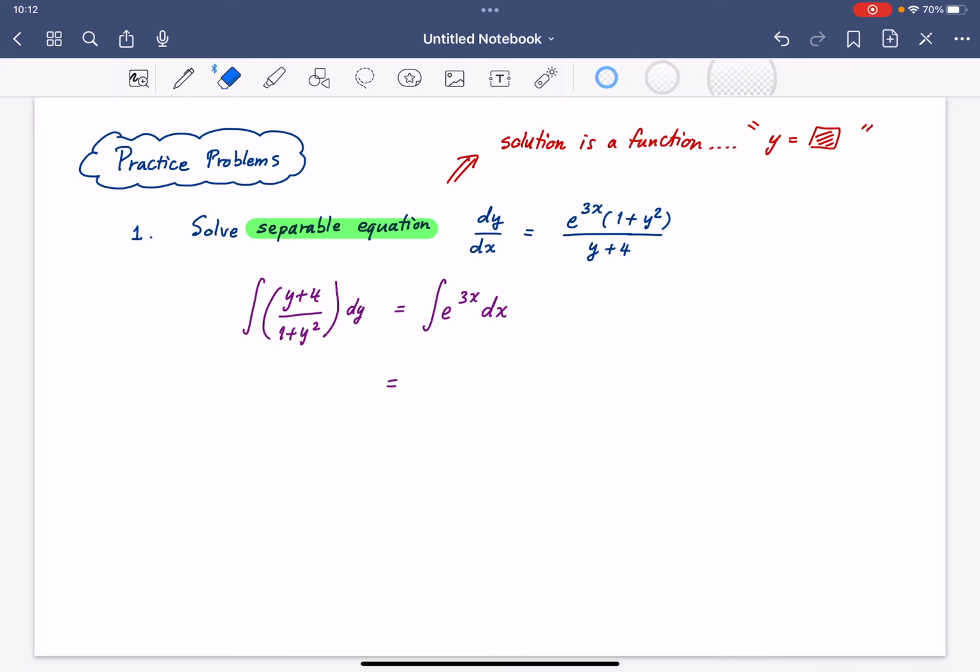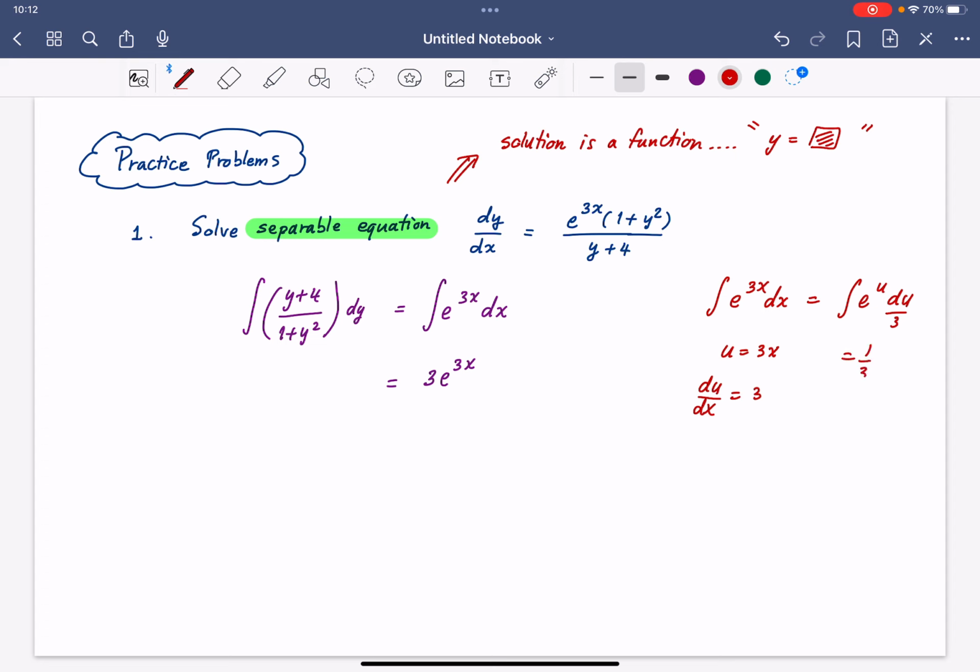You remember that? I always do it as 3 times e to the 3x, but if you cannot remember, you pick u to be 3x. That means du is going to be 3 dx, and then this is actually integrating e to the u du over 3, and that is 1/3 times, oh no, sorry, this is not correct.